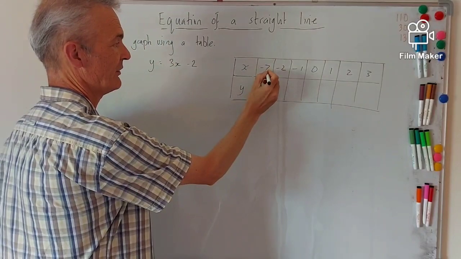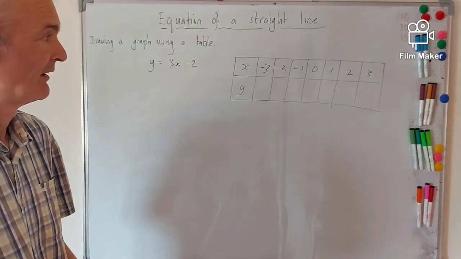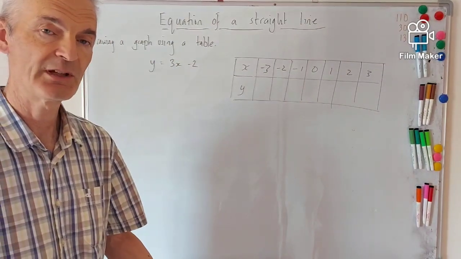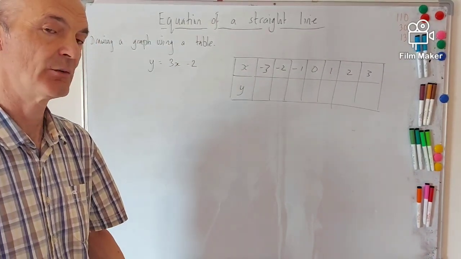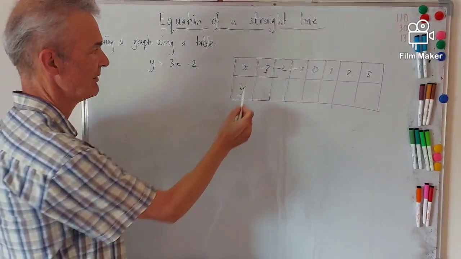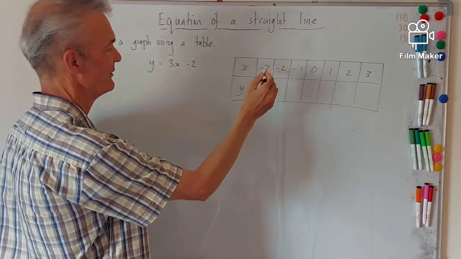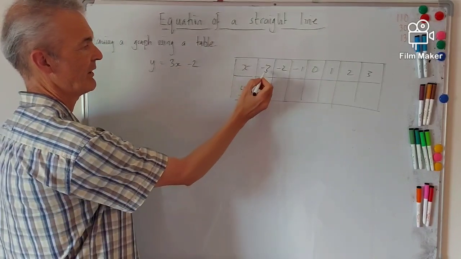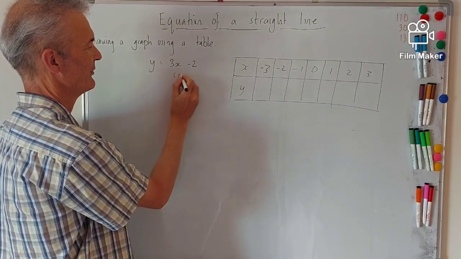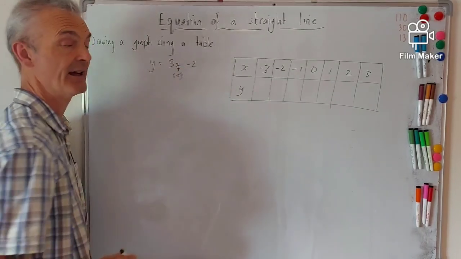I'm just making those values up, it doesn't matter. So I've got these x values and I want to find some corresponding y values to go with them so I can plot them on a coordinate grid. All I'm going to do is take this value -3 and put it where I see x, because that's the x value. So I'm going to put -3 in there.